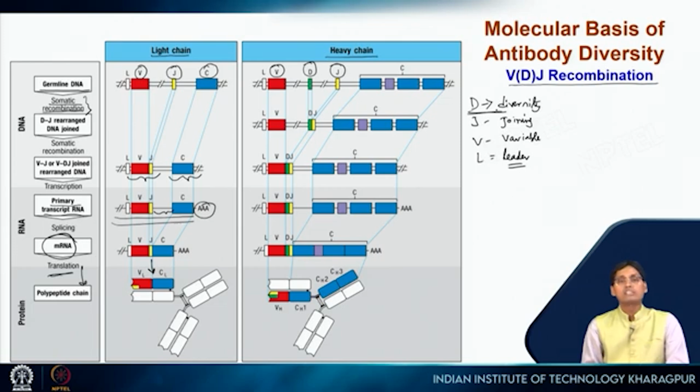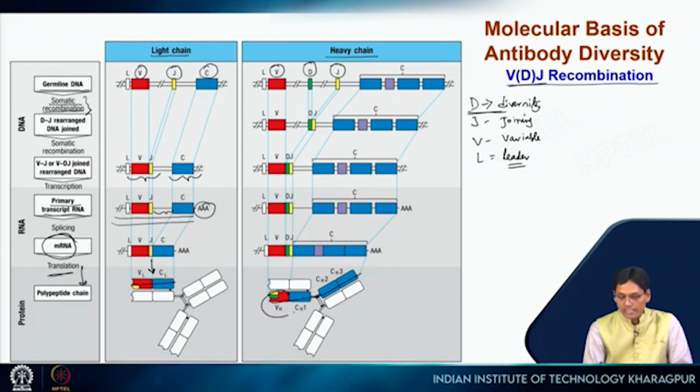That's why this is called VDJ recombination, and sometimes we put the D inside brackets because the D region is not present in the gene corresponding to the light chain. That is the reason. So from here you will get the full heavy chain, and on the left panel you are getting the light chain.